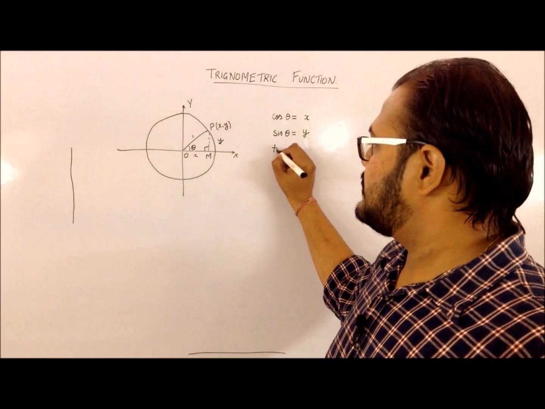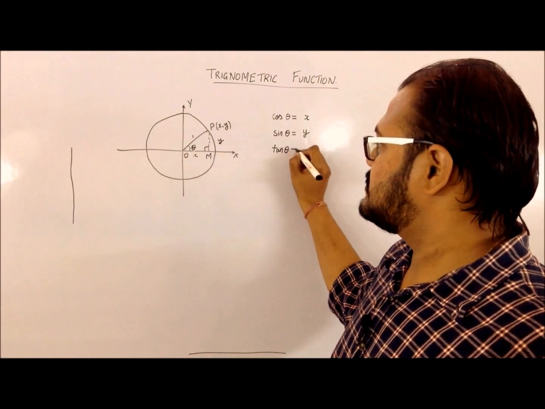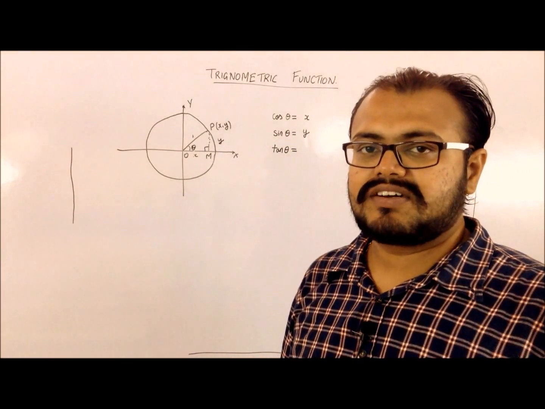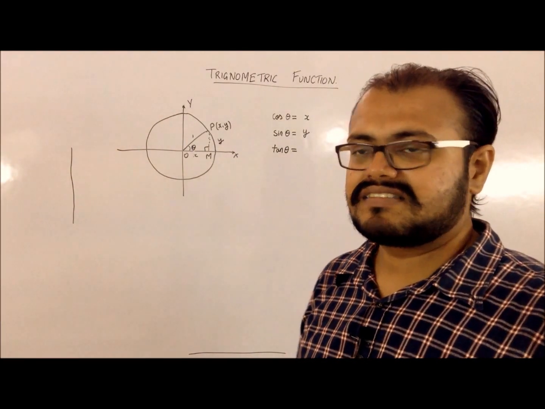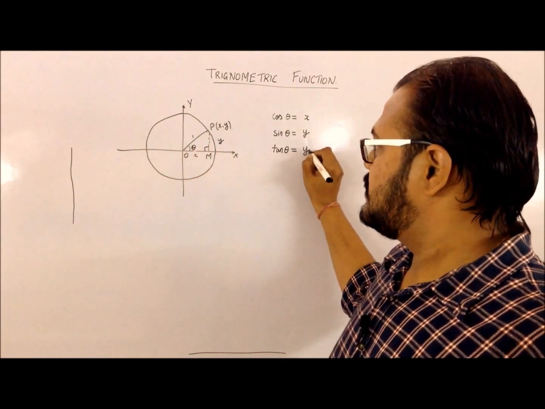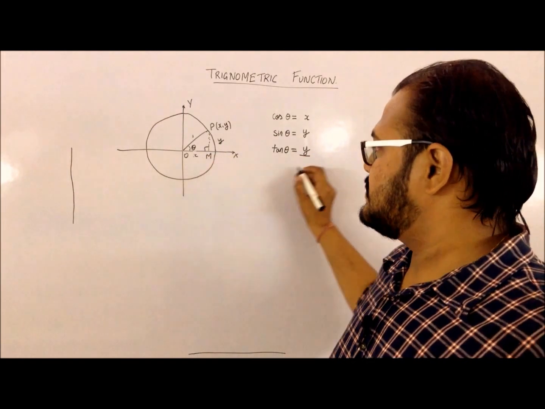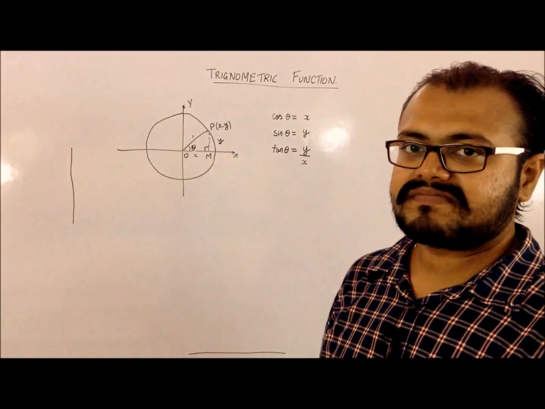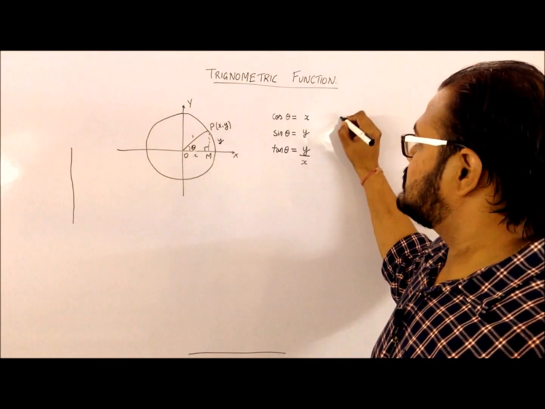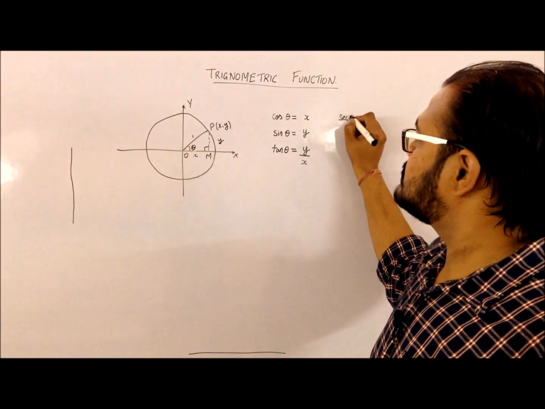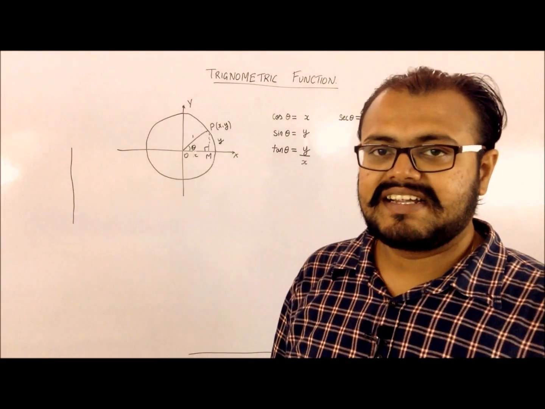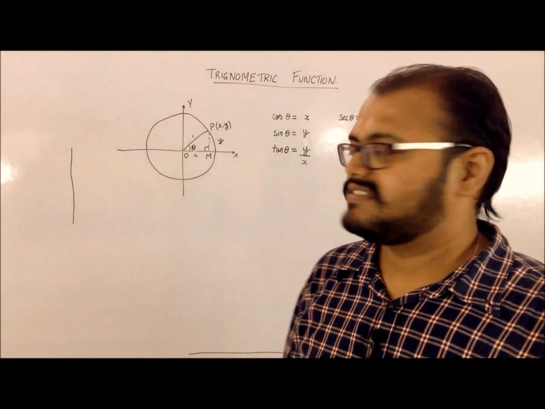In the same way I can define what is tan theta. Tan theta has a ratio of side which is opposite upon side which is adjacent. So side which is opposite to this theta is y, upon the adjacent side which is x. We go to the next ratio, that is sec theta. Sec theta is hypotenuse side divided by adjacent side.